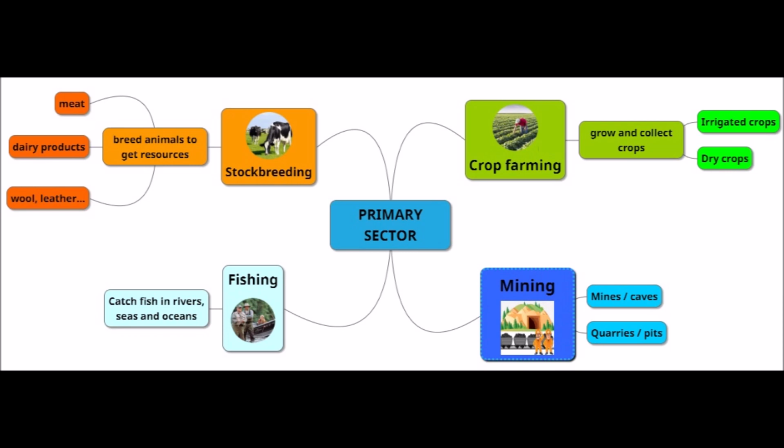The crops can be irrigated or dry. Stock breeding, where animals are bred to get resources such as meat, dairy products, or wool. Mining, where miners extract minerals and rocks from mines or quarries. And fishing, where fishermen and fisherwomen catch fish in rivers, seas, and oceans.